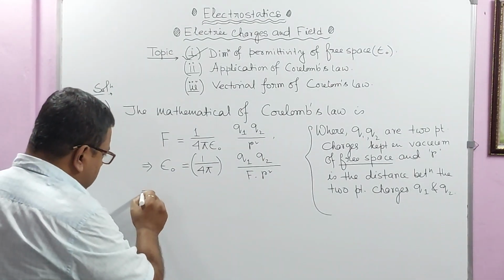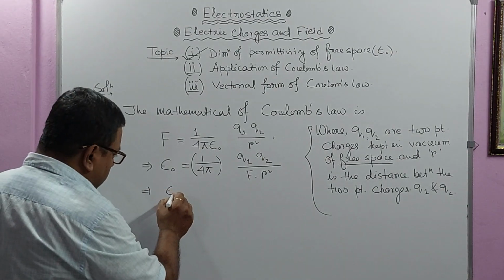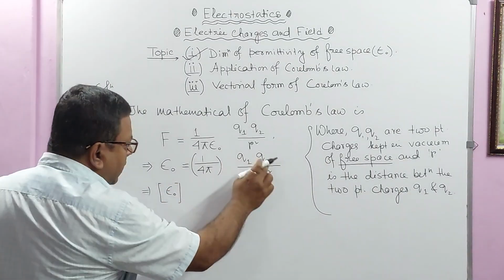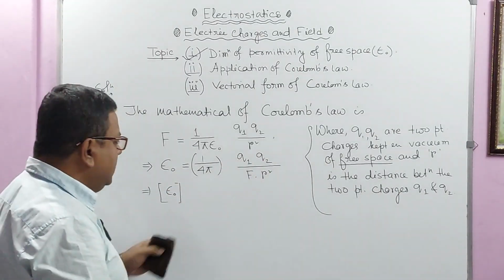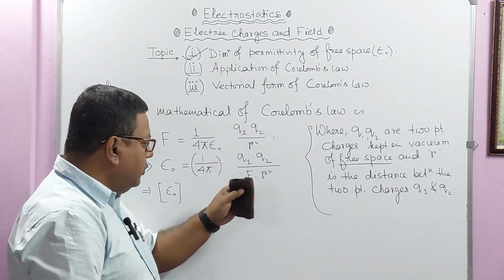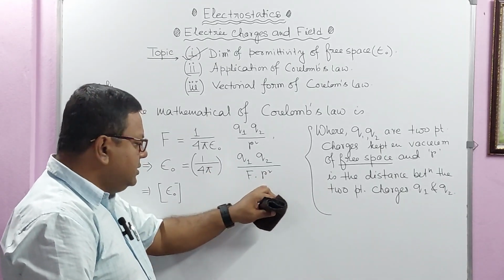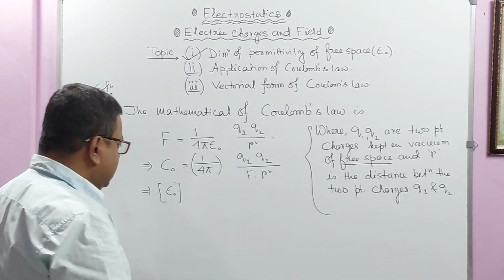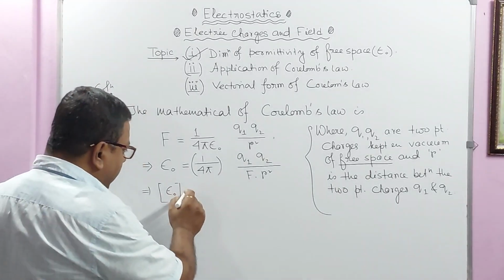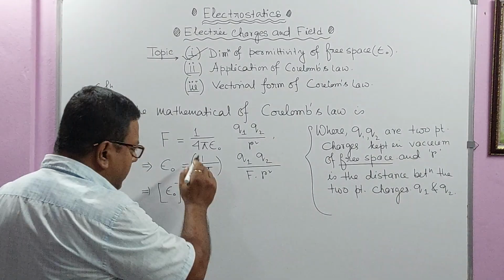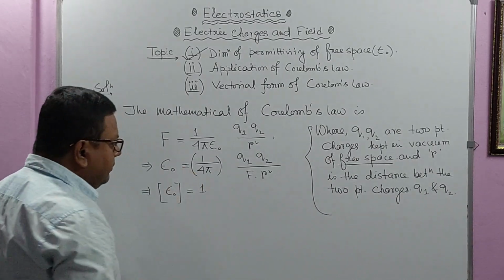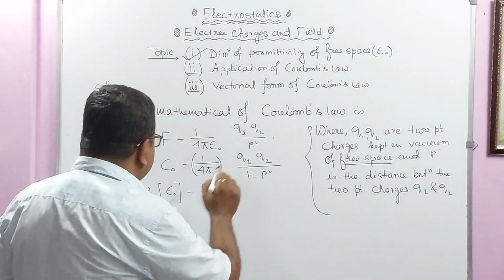Now we are going to put the dimension of each of the physical quantities. Here the physical quantities are charge, force, and distance between the two charges. And this 4 pi has no unit, it's a dimensionless constant, so we are putting here 1. So what is the dimension of charge?